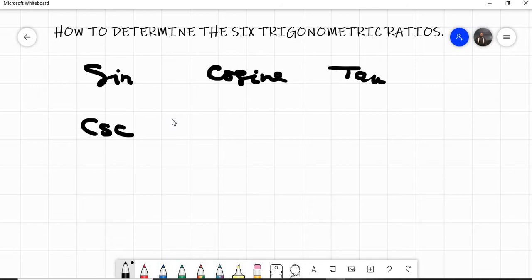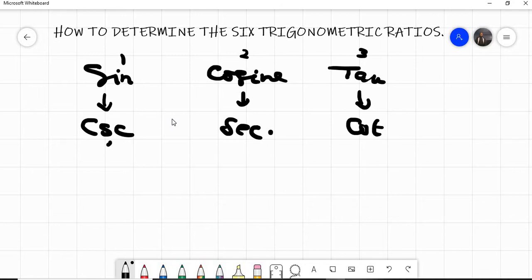Cosine's reciprocal is sec. And tangent's reciprocal is cotangent, cot. So those are the 6: 1, 2, 3, 4, 5, 6.